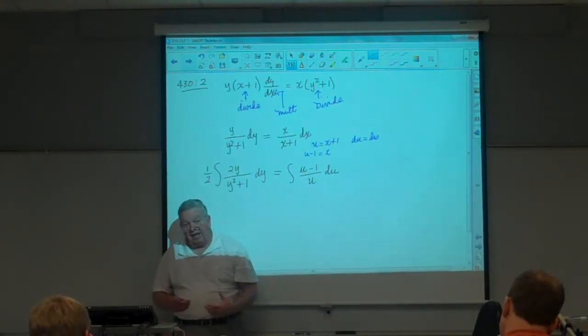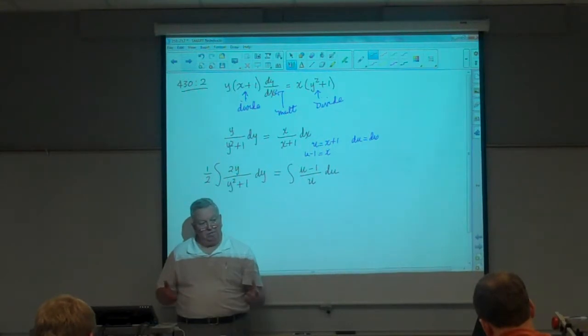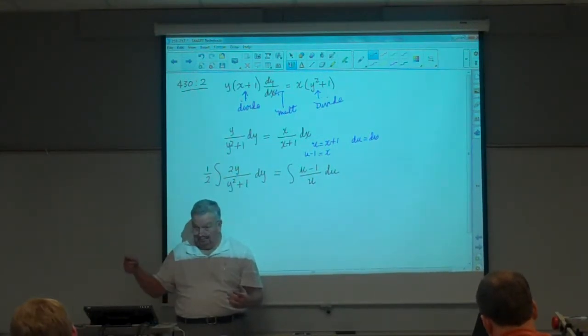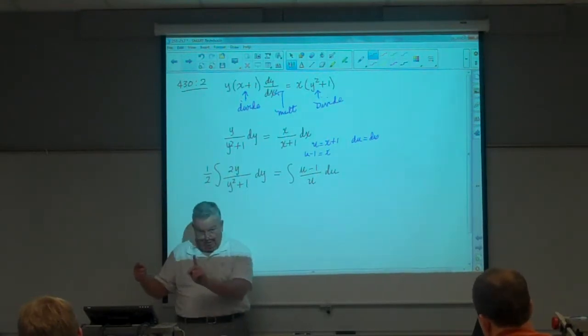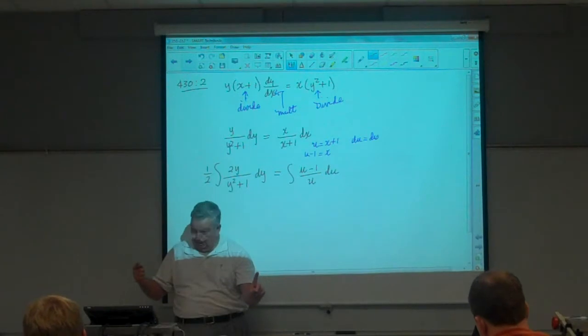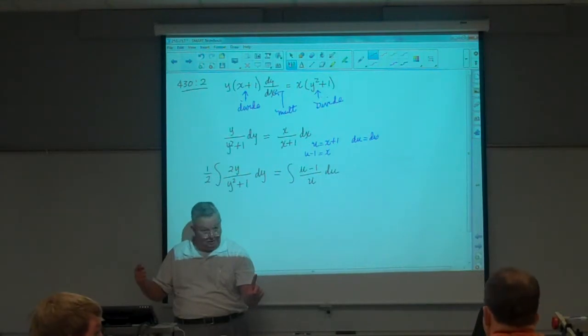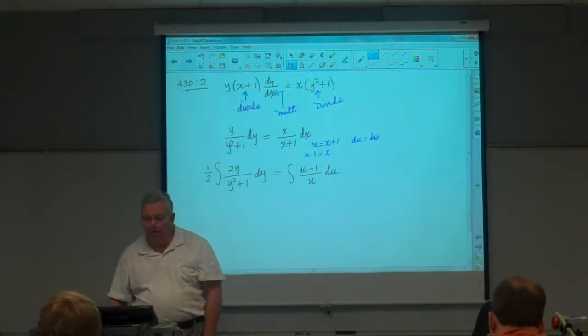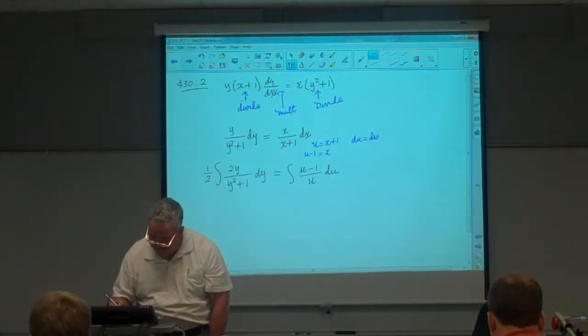But then, if I'd have just put the 2 there, I would have destroyed the equal sign. So in order to protect the equal sign, I had to put a 1/2 out there in front of it. Everybody okay with my reasoning? Okay? But, let's see.